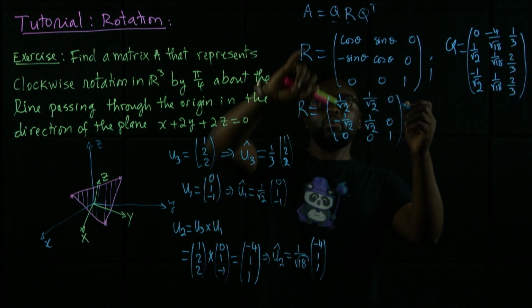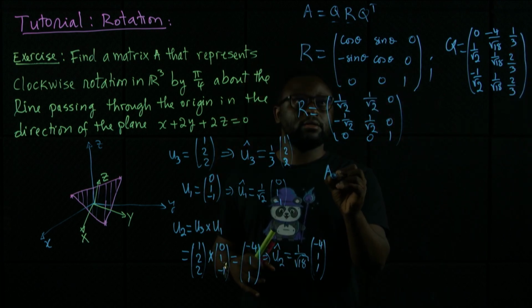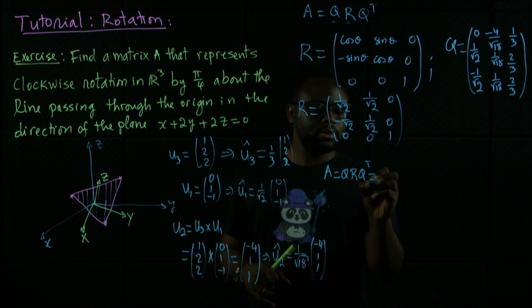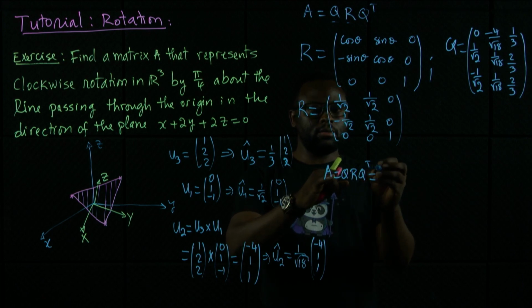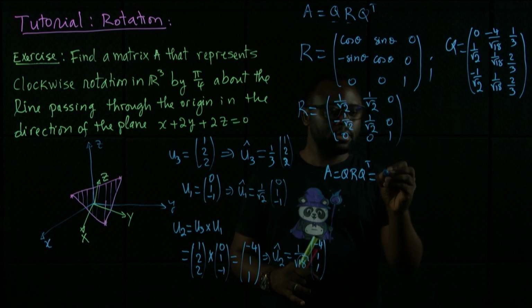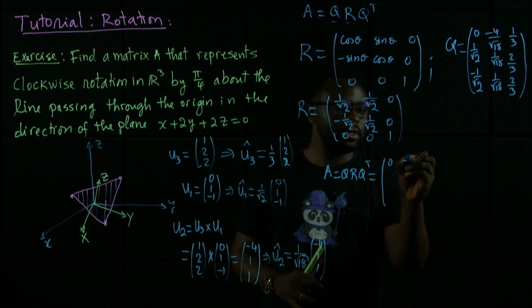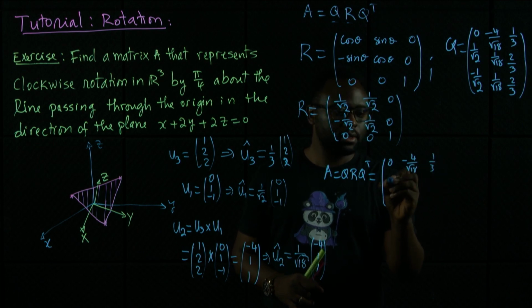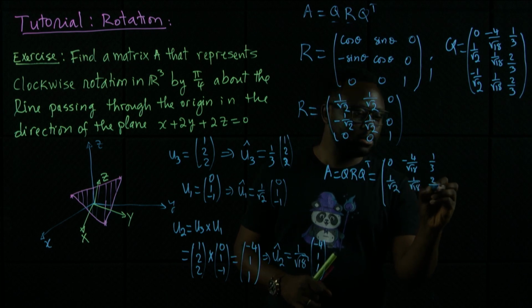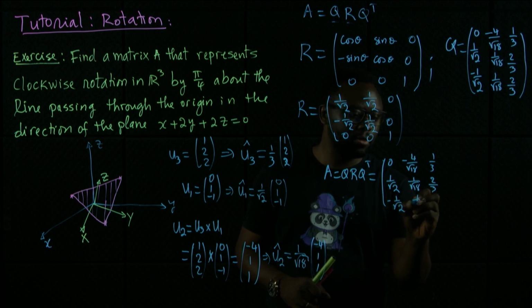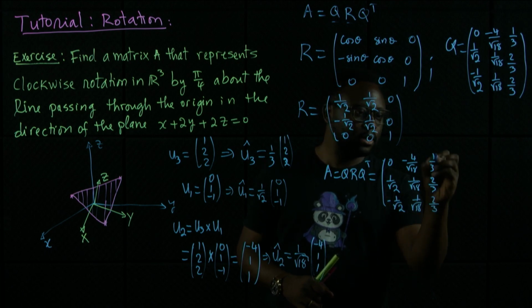All right. We use this formula: we know that A is Q times R times Q inverse. Q is given here, so we take this matrix Q, which is 0, minus 4 over root 18, 1 over 3; 1 over root 2, 1 over root 18, 2 over 3; minus 1 over root 2, 1 over root 18, 2 over 3.